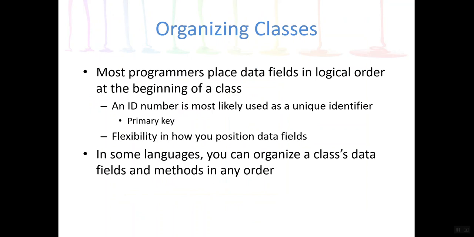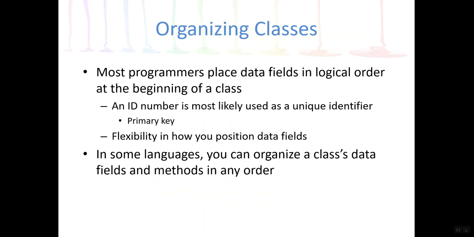And if there's some sort of logical order, use it. So for example, if there's an ID number that is a unique identifier, like a primary key, for those of you familiar with databases, if there's some sort of identifier like that and it's important, I'd put that at the top. So, but basically you can organize a class's data fields and methods in any order.